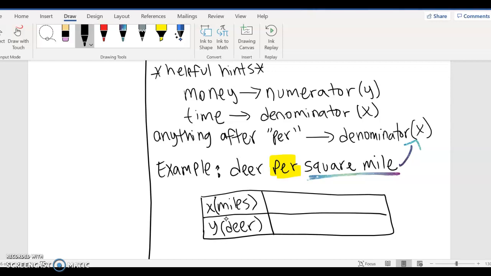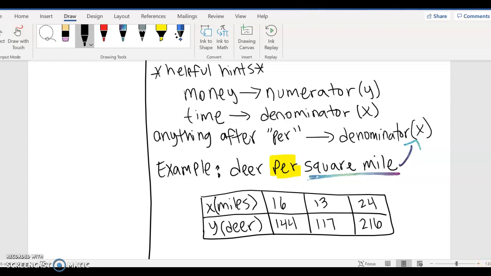Okay. So in a 16 square mile part of the forest, somebody saw 144 deer. In another part of the forest, over 13 miles, somebody saw 117 deer. And somewhere else, over a 24-mile span, somebody saw 216 deer.